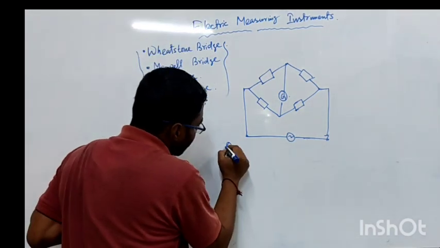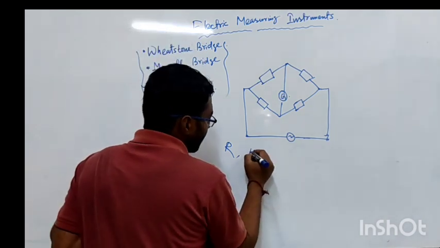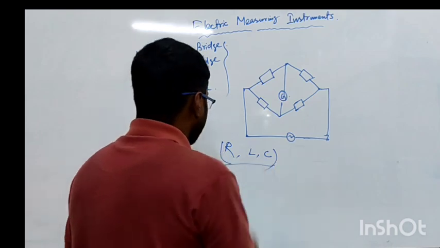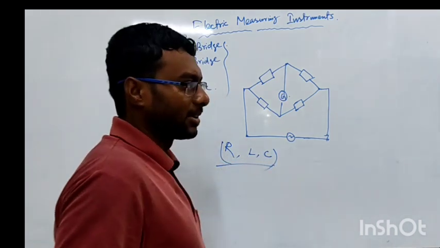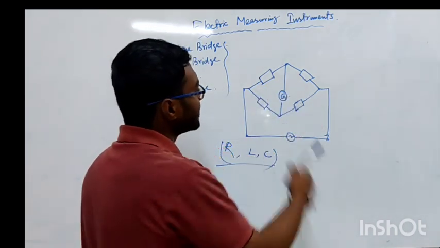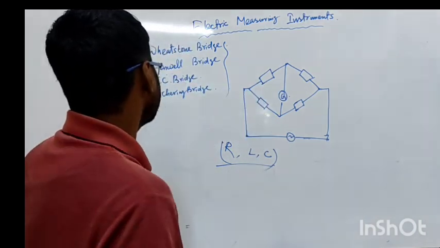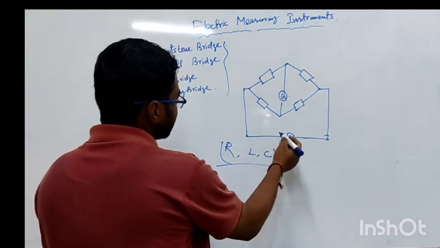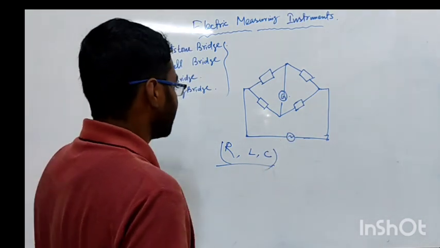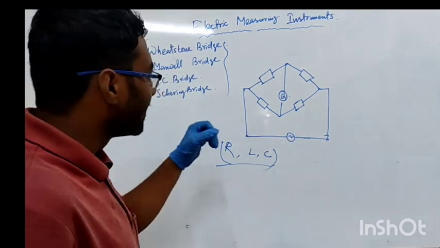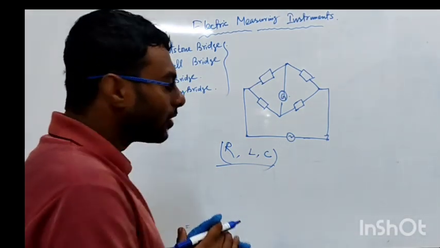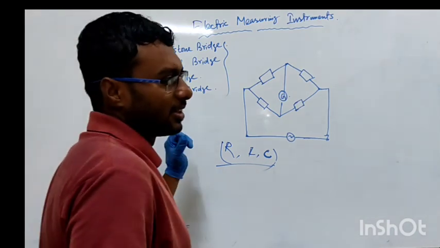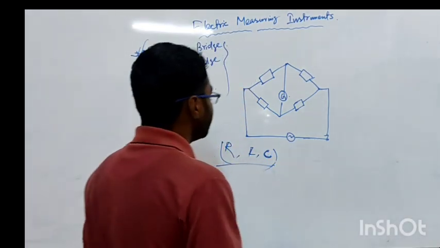It can be a resistor, or an inductor, or a capacitor. If we take a purely resistor, it is converted to a Wheatstone bridge, so it is not required to study further the purely resistive case in the AC signal. But if we introduce an inductor or capacitor, then what will be the effect in the alternating current?